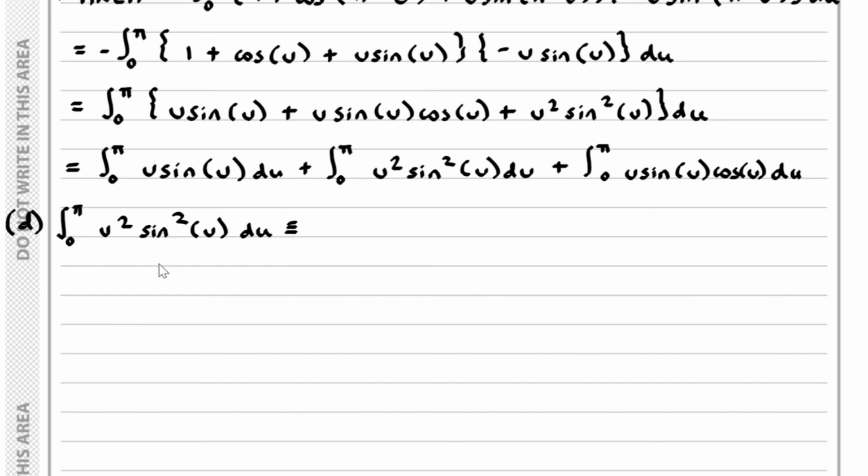But before that, I can replace the sine squared u with 1 minus cos 2u over 2. So I've got this integral from 0 to pi of this.